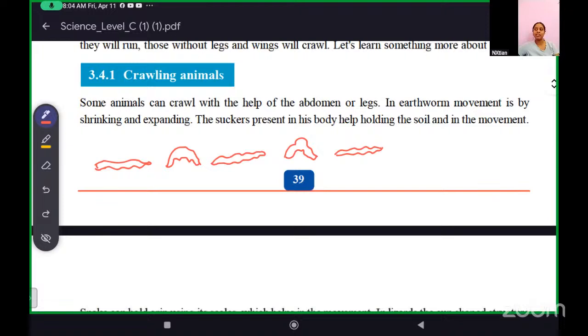What happens is that they have a substance that helps them to crawl and hold the ground. Sometimes snails do fall, because some of them have a shell, they just tend to fall.